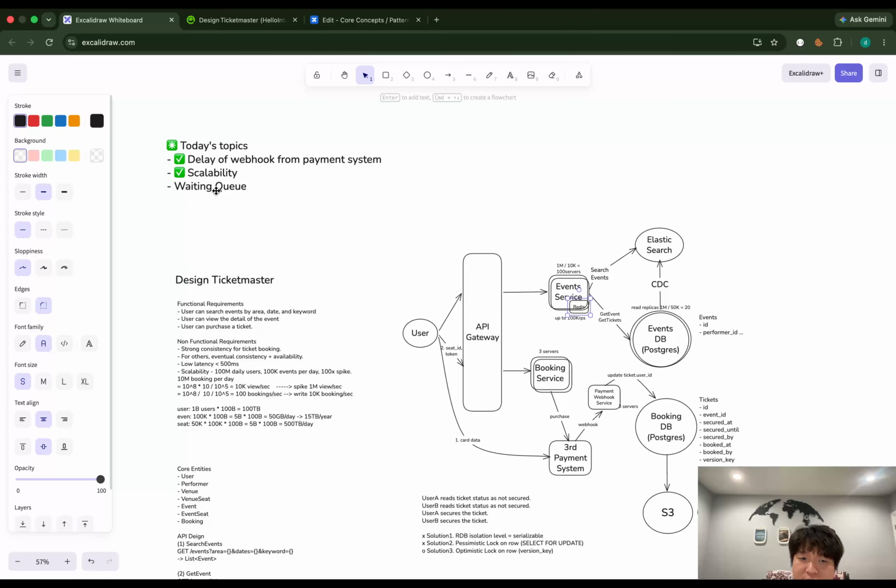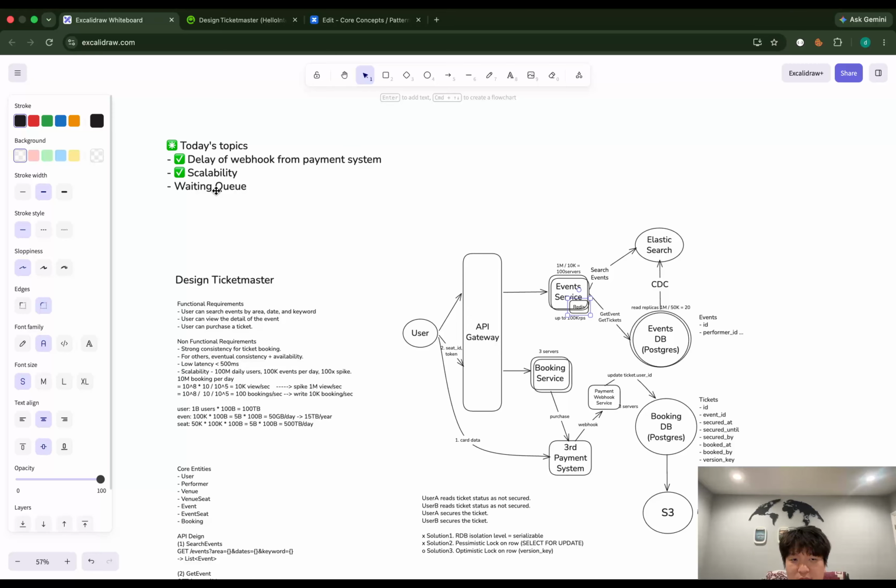So one of the ideas to make it more comfortable for users is to introduce the waiting queue. So when user clicks enter, or I should say, chooses the seat, he has to wait in the waiting queue. And in the waiting queue, there is a number of people who can book the seat. Let's say maybe 10,000 users, up to 10,000 users.